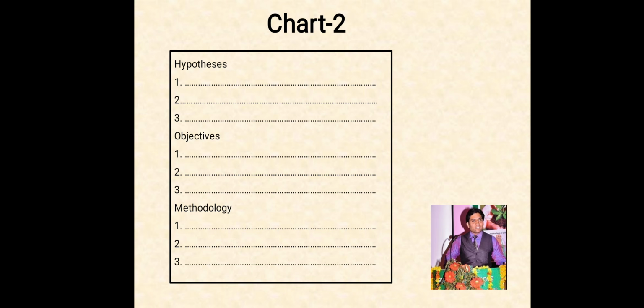Objectives can also be defined as concise statements that describe what the research is aiming to achieve. In methodology, you have to write how you did. Explain briefly. A methodology is a broad approach to data collection. So, hypothesis, objective and methodology are described clearly and briefly.